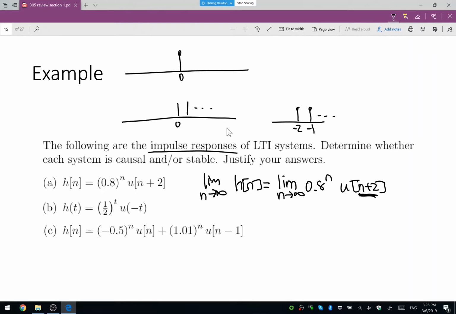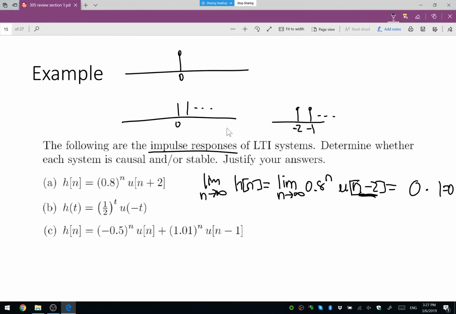And u(t) on the right side is always 1, so this one at infinity is just 1. So I should not erase this. Because the absolute value of 0.8 is less than 1, when n goes to infinity, 0.8 to the n's power is just 0. So it is bounded, so the system is stable.